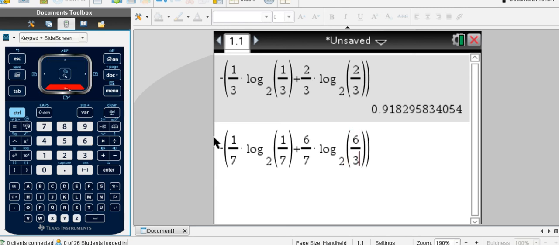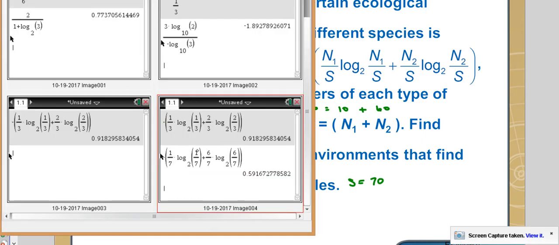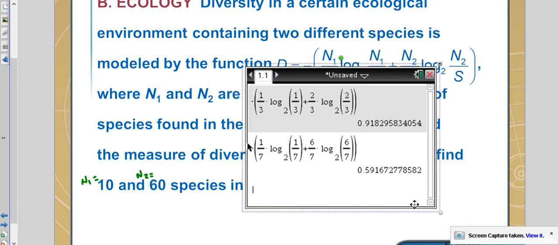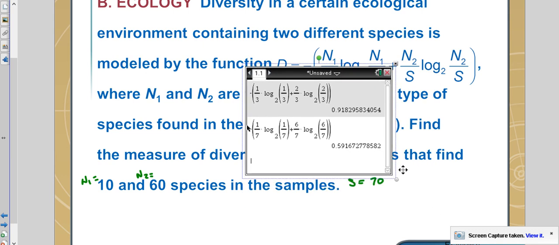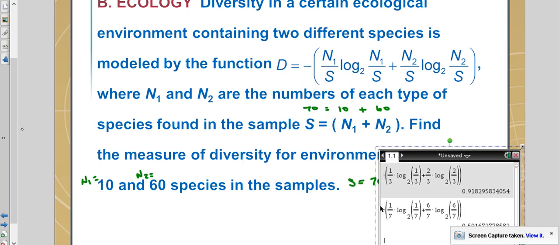And 6 over 7. This time, you'll see the diversity is much smaller. This value is much smaller. It's about 59.2%, if we change it to a percent.